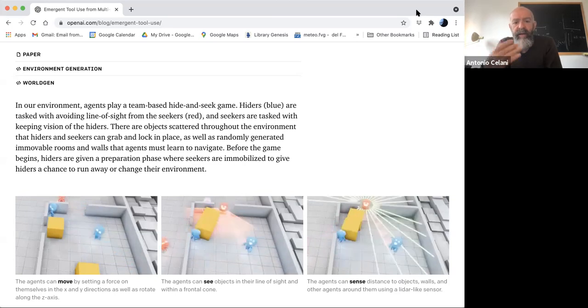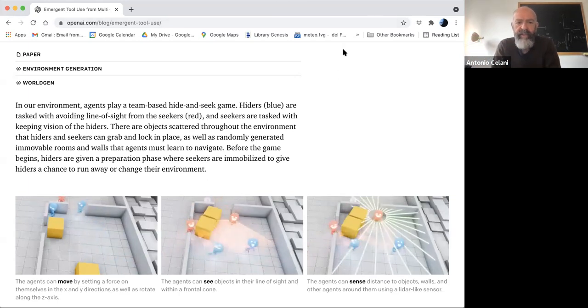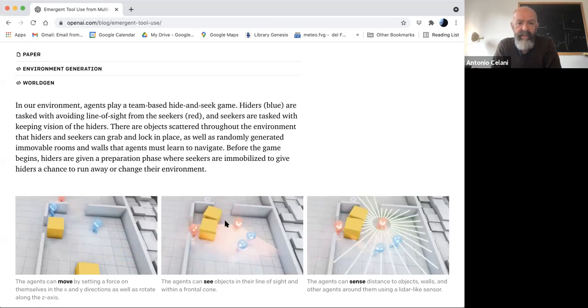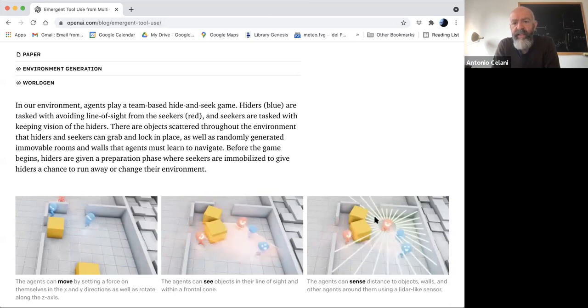Then there are percepts. The percepts are that they can see objects in their line of view. You can see that in this central snippet. So they see what is around in a certain view angle in front of them. They can also sense the distance to objects.